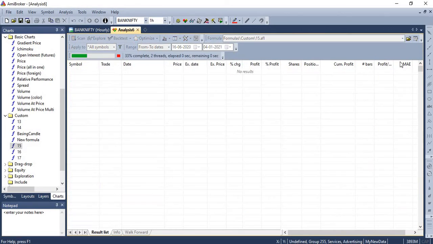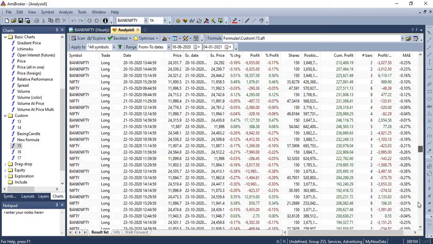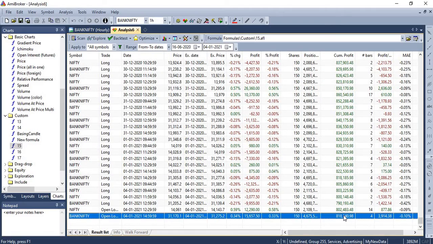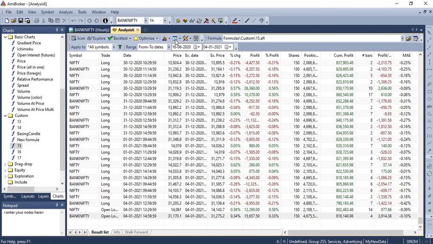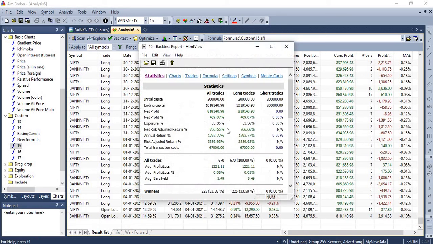I'm going to rerun the back test now and I'm navigating to the end of the report. So if you look at here, this strategy generates approximately 8 lakh rupees profit on a capital of 2 lakh rupees in just 6 months with an annual return of approximately 1800%. The numbers are mind blowing, isn't it?